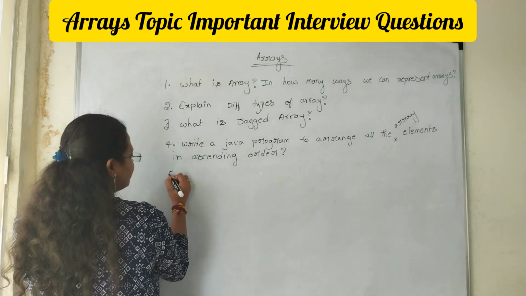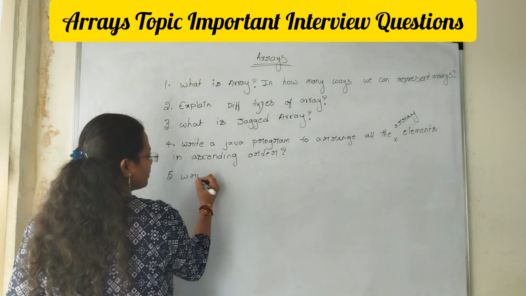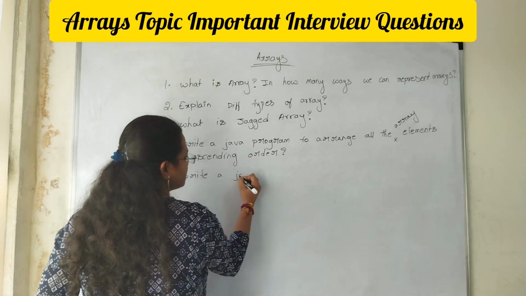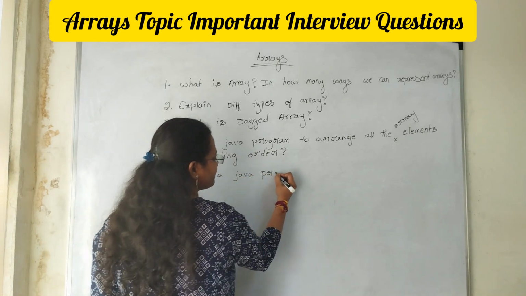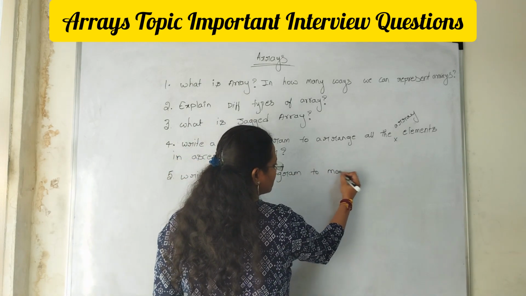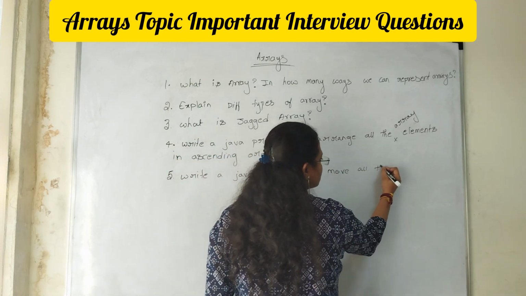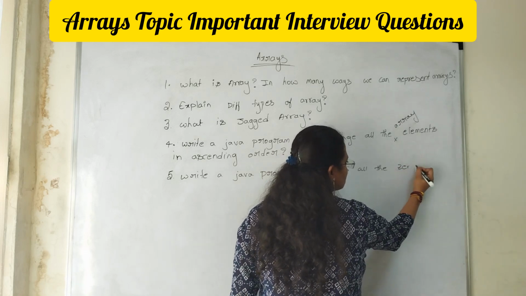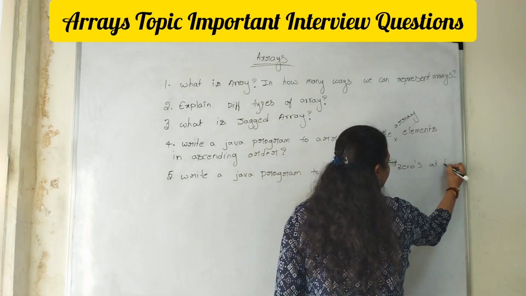In the same way, the fifth one: write a Java program to move all the zeros to the end of the array.